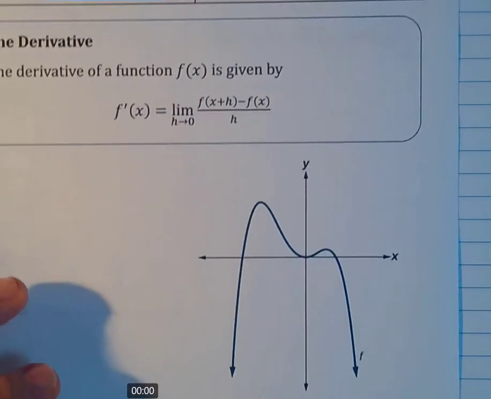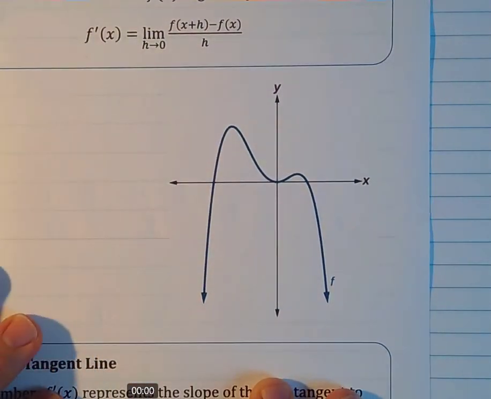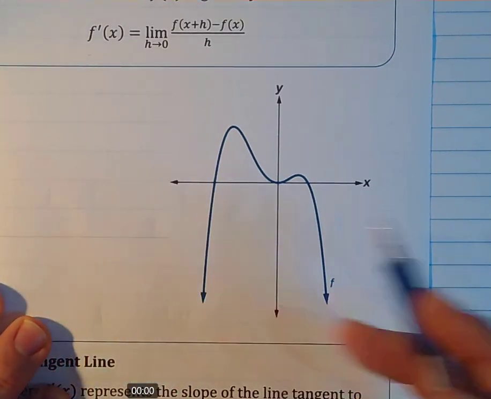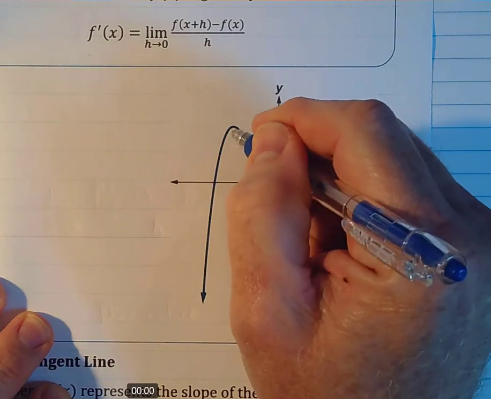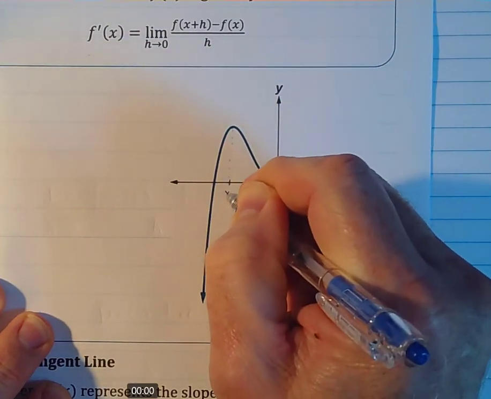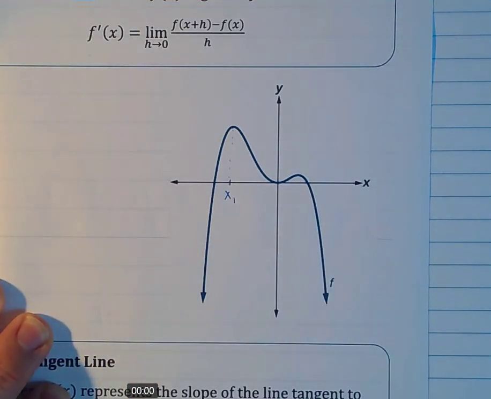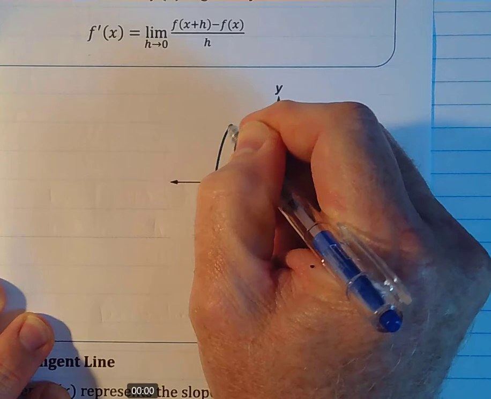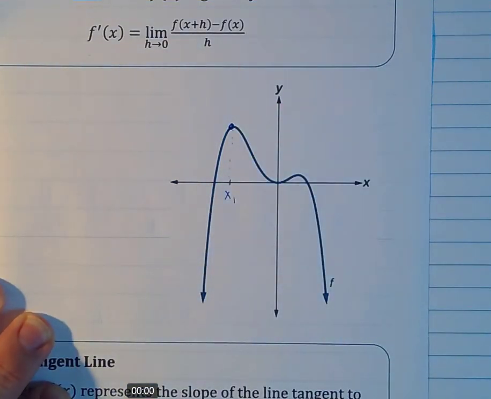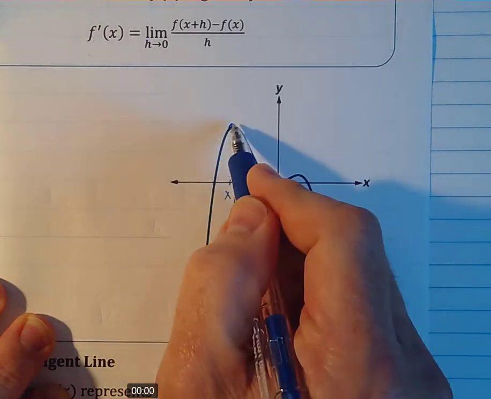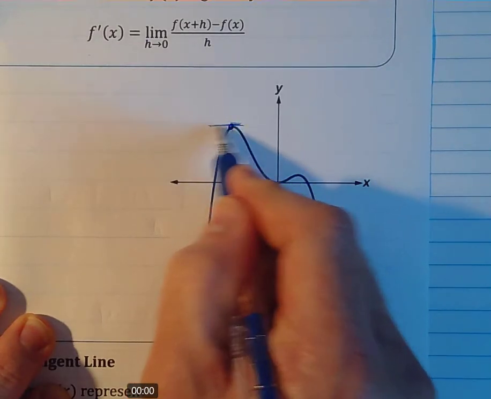Okay, so let's just think about this for a second. I've got a function here, and let's think about what this would look like for some different points on here. For example, here at this point right here, I'll just call it x1. There's a point on the graph that has that coordinate. And if I think about what the tangent line looks like there, it looks like the tangent line would just be sort of straight across, right there at the top of that graph.